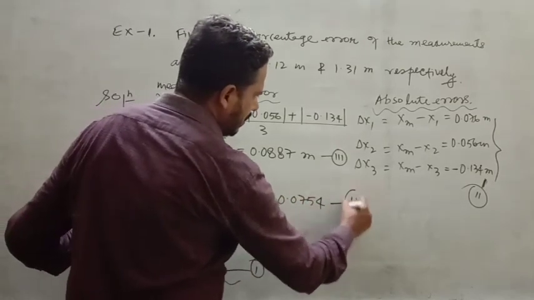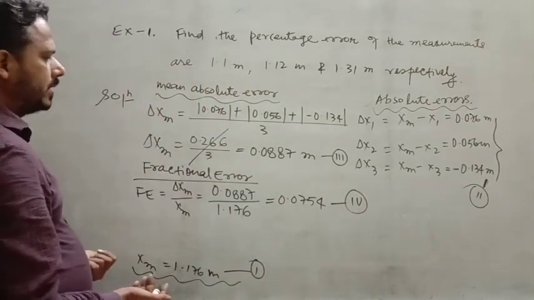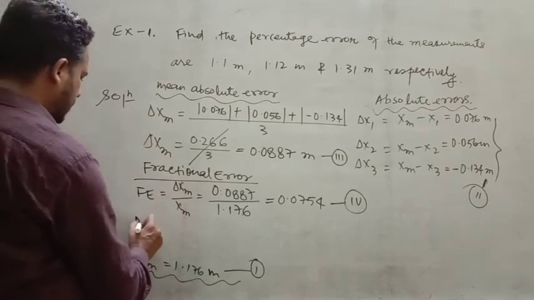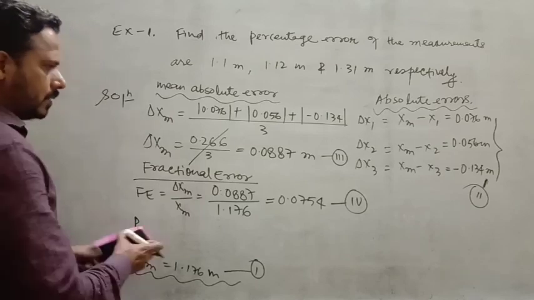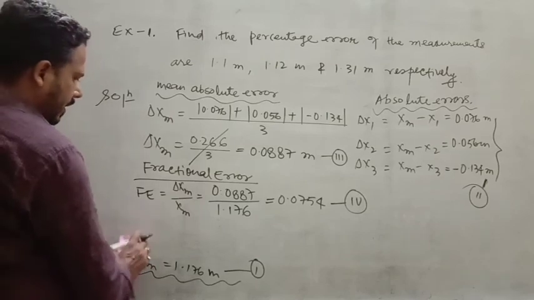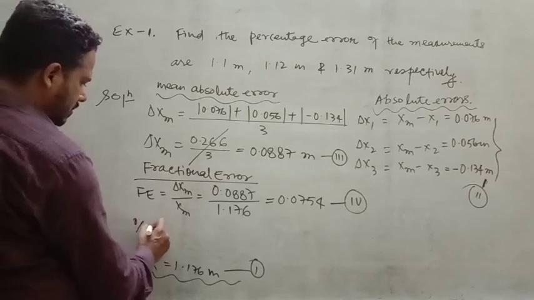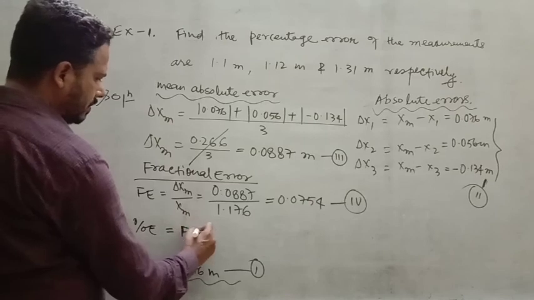Now we have used this equation, and then we have to find the percentage error. It is very simple. The percentage error is the fractional error multiplied by 100.